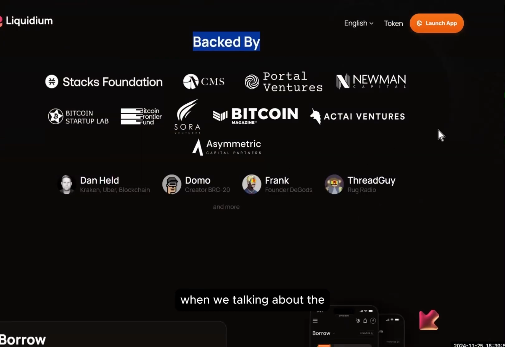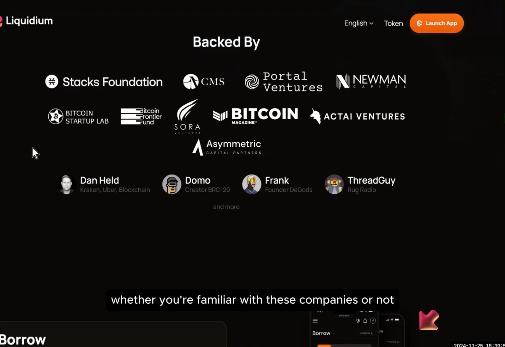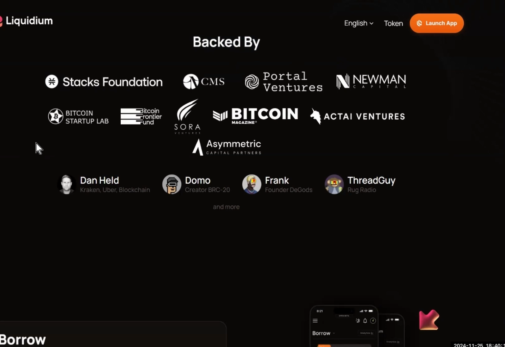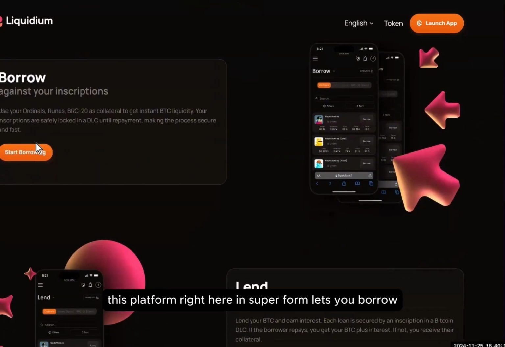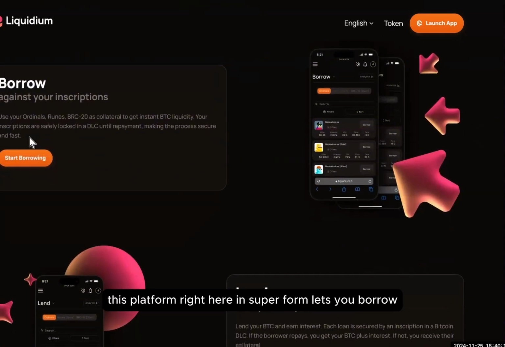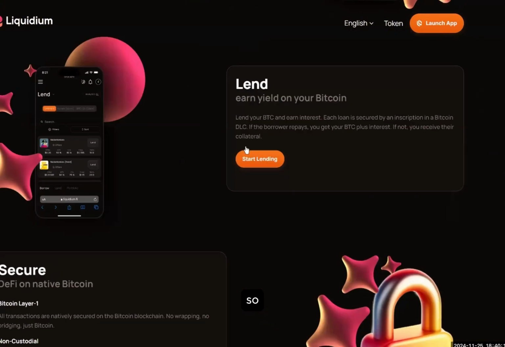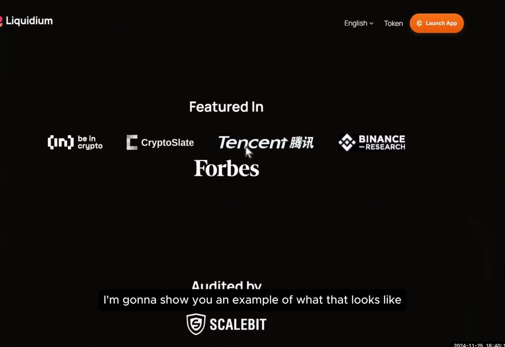When we're talking about the validity of a platform like this, it's about who it's backed by. Whether you're familiar with these companies or not, you should go check them out. These are all reputable companies, and they're not all just crypto companies. Some of these are tech companies and fintech companies. This platform right here in simple form lets you borrow. So I'm going to show y'all an example of what that looks like.